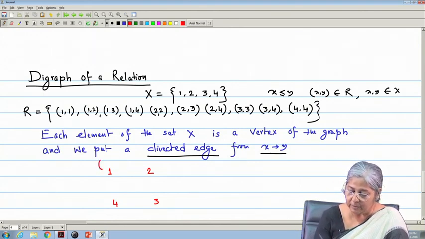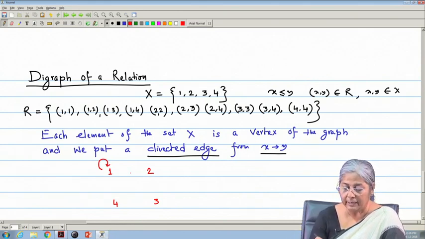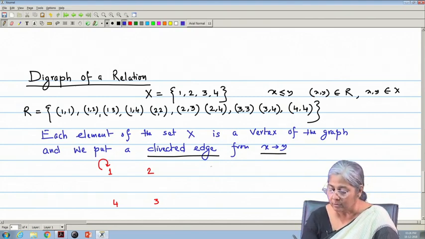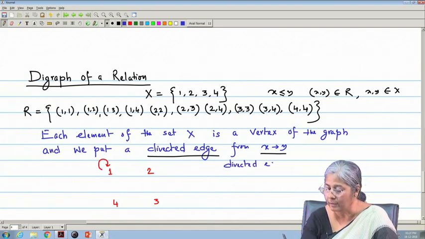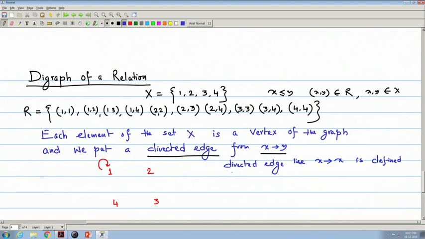Normally, if there is a directed edge from x to x, we call that a loop. So, we give a loop here.